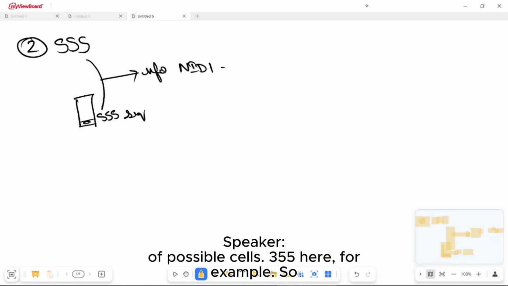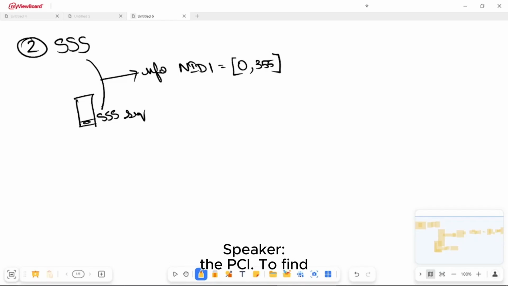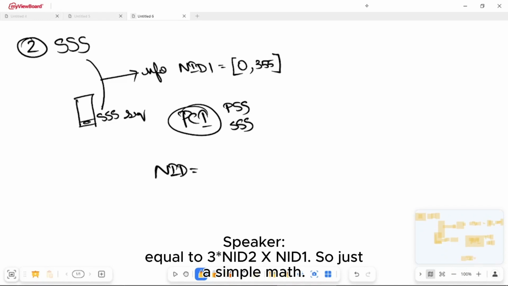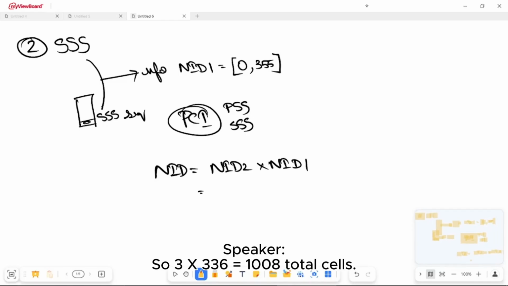It is a list of possible cells, 336 here for example. To find the PCI, we use both PSS and SSS. The total NID is equal to 3 times NID1 plus NID2. So just a simple map: 3 cross 336, which is equal to 1008 total cells.